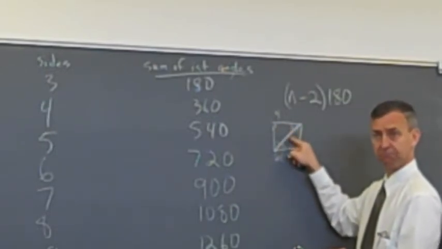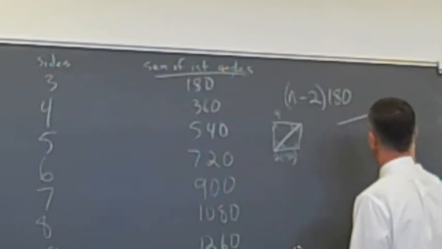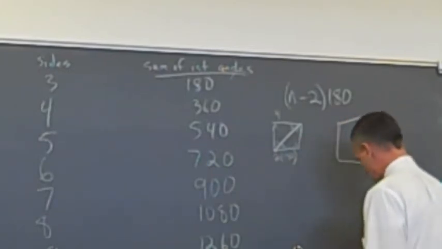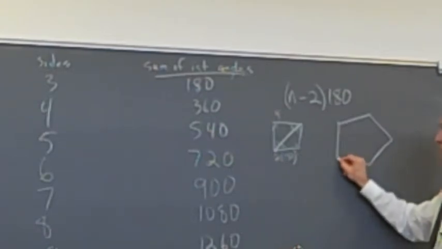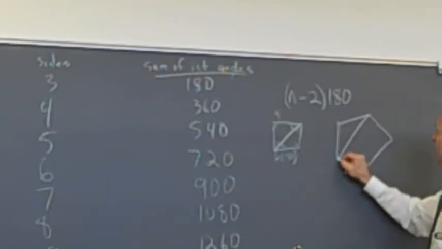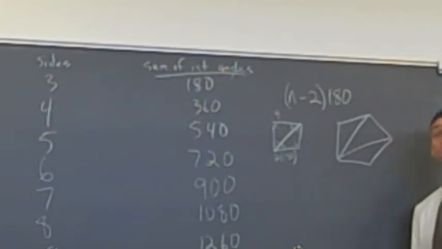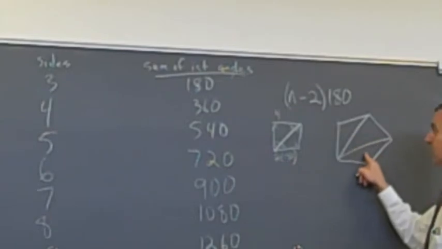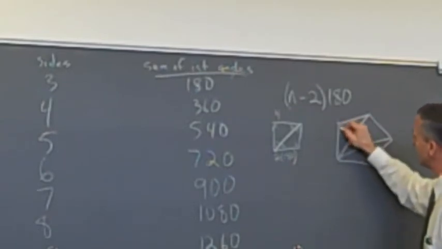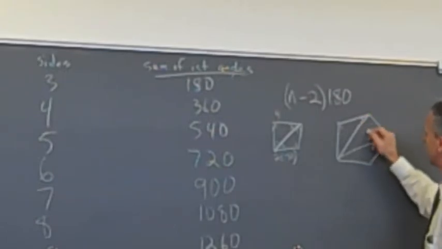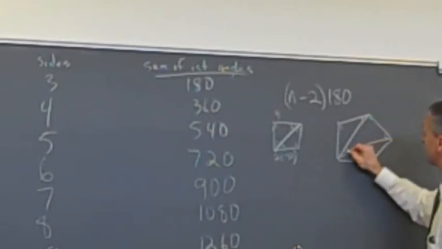You with me? A pentagon, on the other hand, if I draw in all the diagonals I can from one vertex. I'll pick this vertex. I can draw in that diagonal and that one. That forms how many triangles? 3 triangles. They're each 180, right? And 1 plus 2 plus 3 is 180. And 4 plus 5 plus 6 is 180.